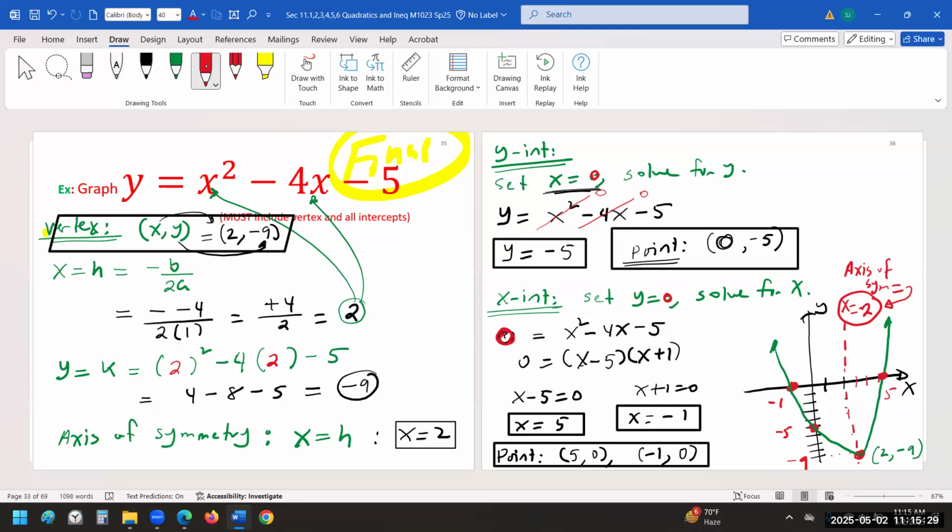So if you do it here, this negative turns into positive. This positive turns into negative. This negative turns into positive.